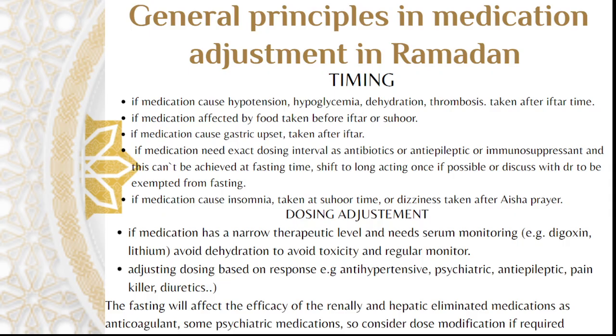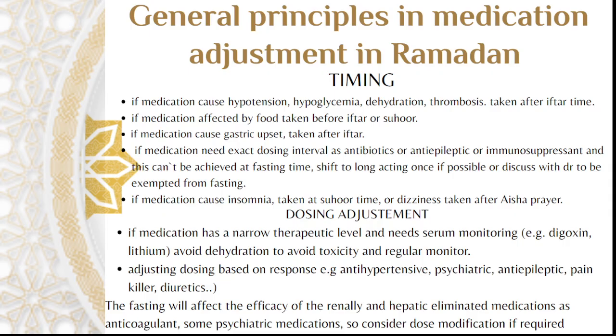For example, the patient is taking antihypertensive medication and his blood pressure becomes very low, lower than normal. So I need to discuss with the physician, or tell the patient to discuss with his physician, to decrease the dose or decrease the frequency.